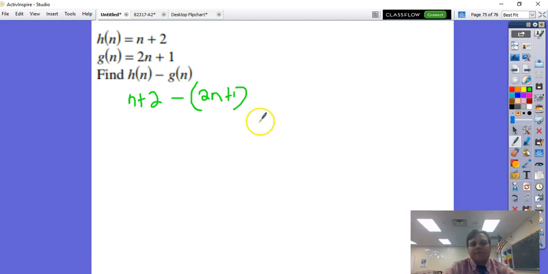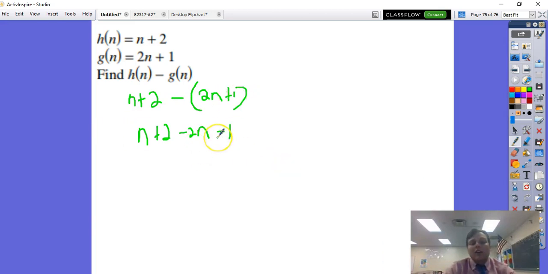I put it in parentheses because I have to remember that this minus sign is going to the entire g function. That means it needs to affect both the 2n and the 1. So if I'm going to say minus g of n, that means I'm going to say minus 2n and minus a plus 1. So, minus 1.